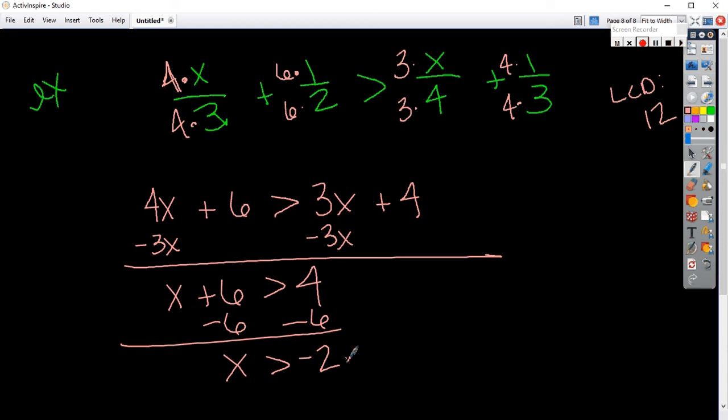Should I flip the sign? No, I didn't multiply or divide by a negative. What's it look like in interval notation? It's the smallest x can be. -2 up to infinity. And I do the parenthesis because it's not included.